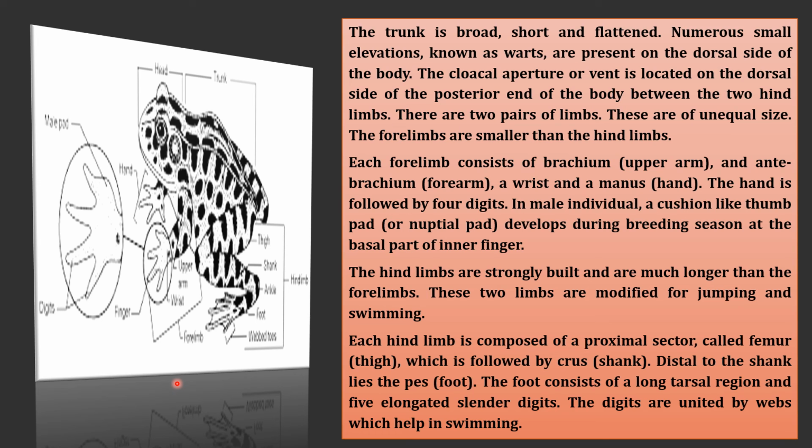That's actually a portion of skin, but it's a membrane-like structure. This is called web, W-E-B. The digits are united by webs which help in swimming. So this is the reason why the web is present in the hind limb, so that the toad is called amphibian.